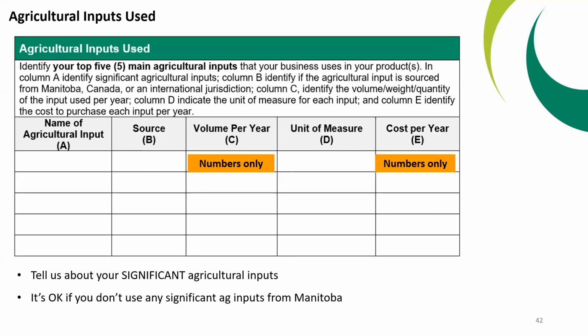Also, maybe there's a major ag input that you're having to source outside of Manitoba or outside of Canada, and it's a big one for you. Put it on the list, because maybe we might know of a local supplier that we can refer you to.